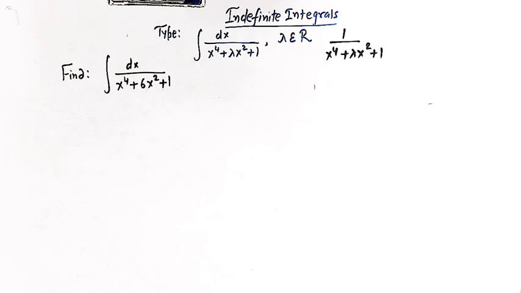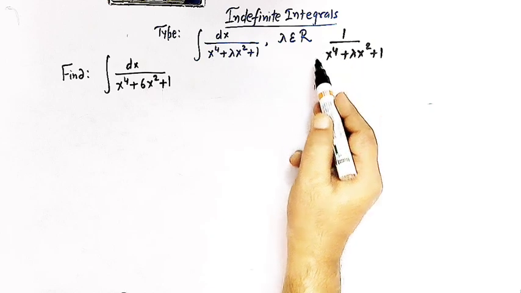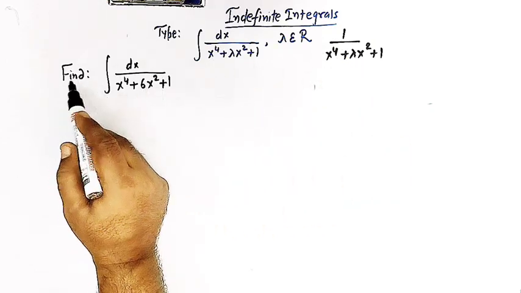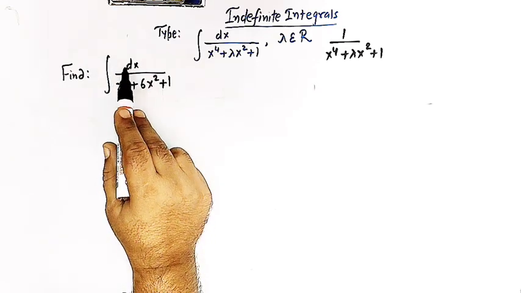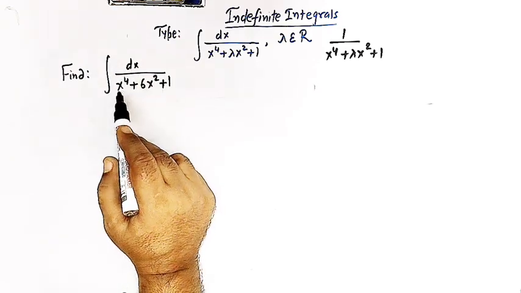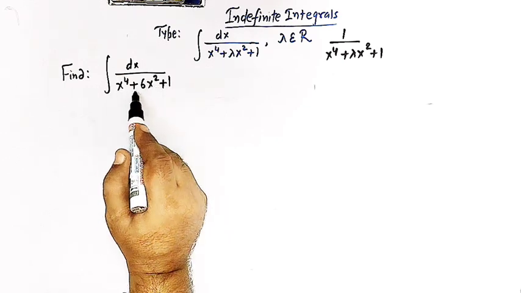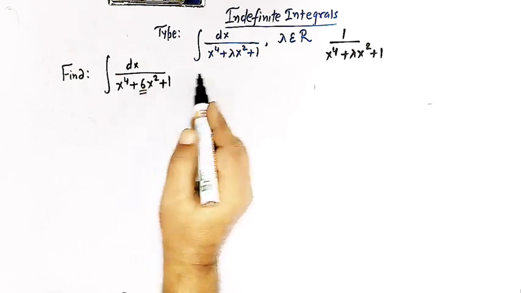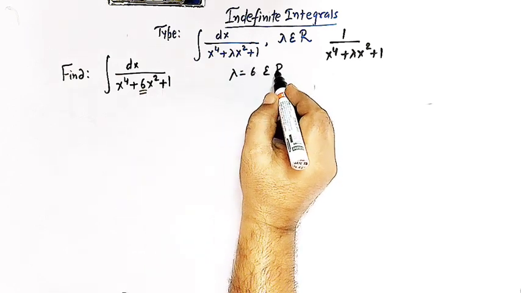Whenever we come across integrands of this type, for example in the given problem we have to integrate dx over x raised to 4 plus 6x square plus 1. This expression is of this form where lambda is equal to 6, which belongs to the set of real numbers.